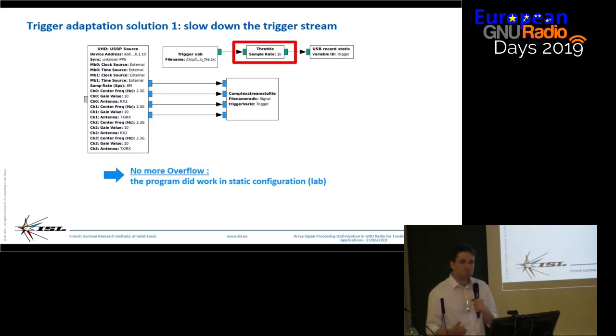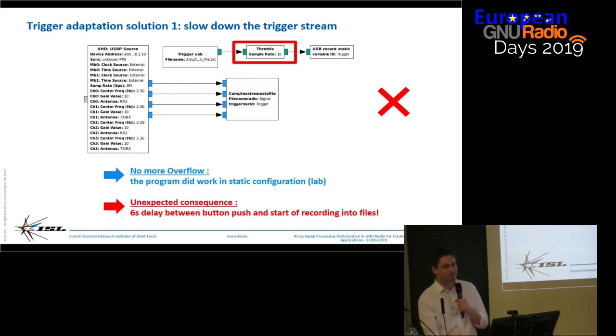We were at first very happy about ourselves because that made our program work without overflows in static configuration in our laboratory. But what we had definitely not seen coming was an additional 6-second delay between the moment we pushed our button and the moment it actually started recording samples into our files.